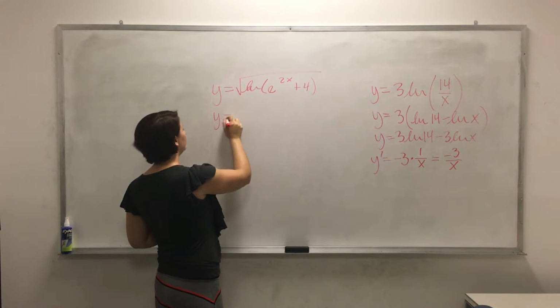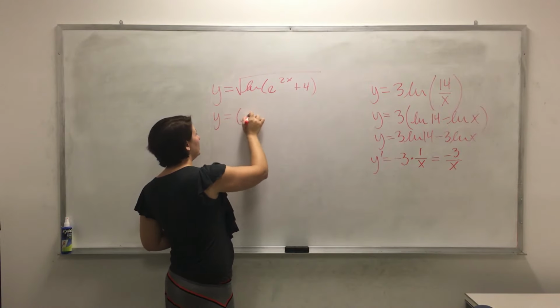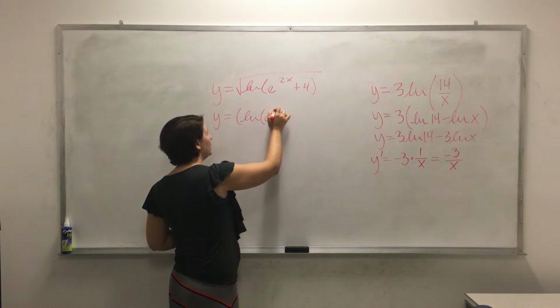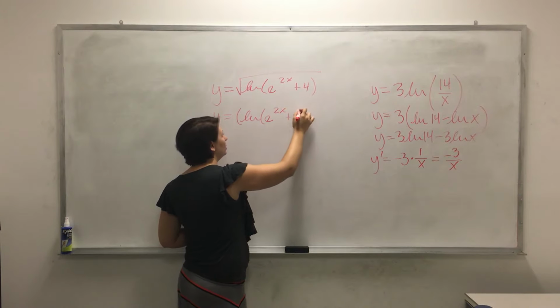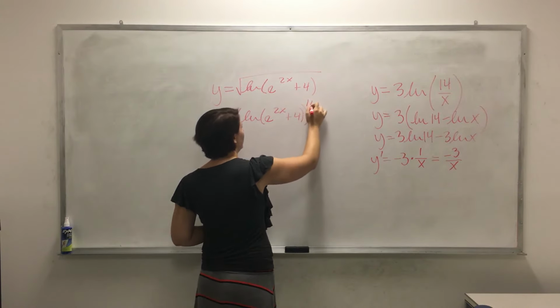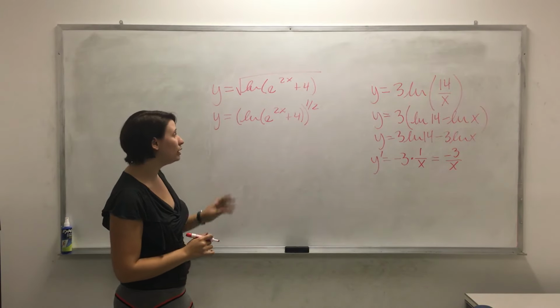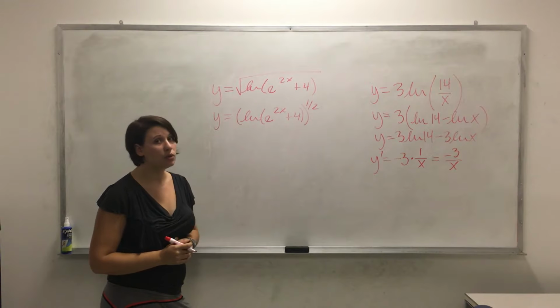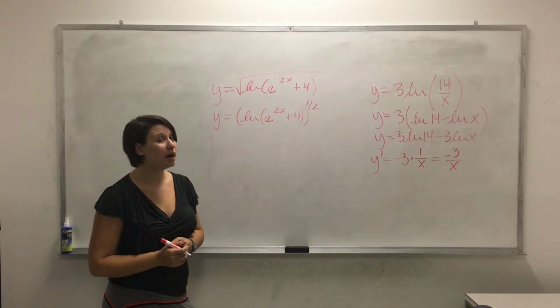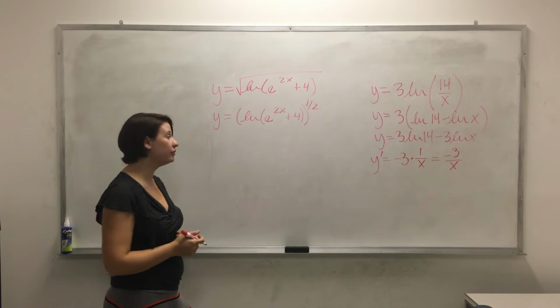So y, just algebra, is the natural log of e to the 2x plus 4 to the positive 1/2, just rewriting the square root. Now it's rewritten, general power rule. We can take the derivative.